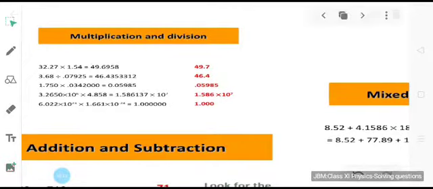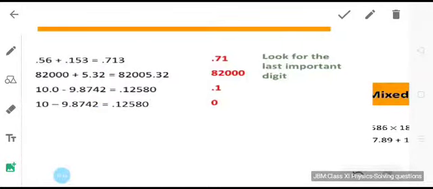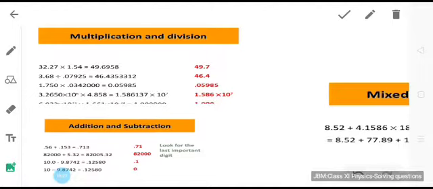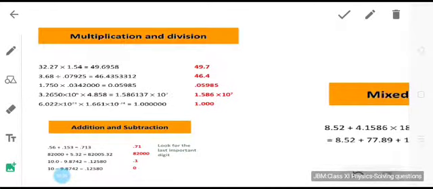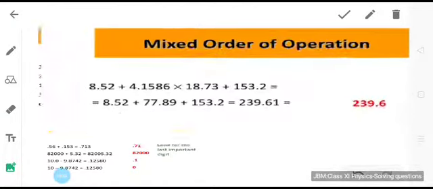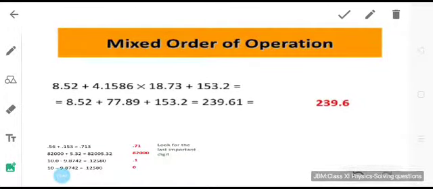Similarly, for addition and subtraction, and lastly, for the mixed order of operation, we have included all the four.